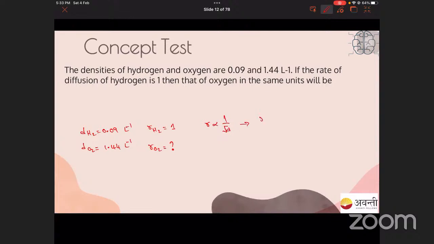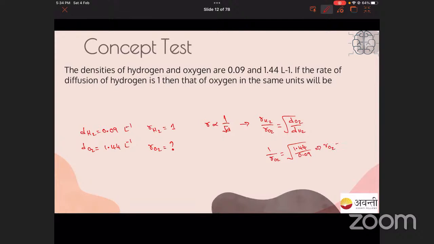Now apply that here. r of H2 by r of O2 is equal to under root d of O2 by d of H2. Substitute the values, where r of H2 is given as 1, right? 1 by r of O2 is equal to under root of density of O2, given as 1.44, by density of hydrogen, given as 0.09.